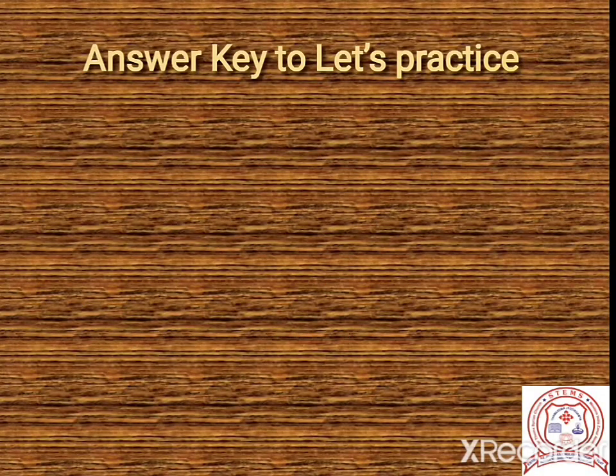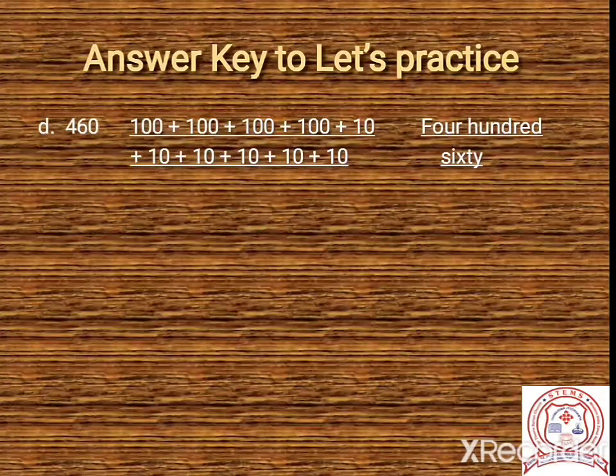Now next question, 460. Here 4 is in hundreds place, so we will write 100 four times. In tens place we have number 6, so 10 will be written 6 times, and in ones place we have number 0, so no number will be written.